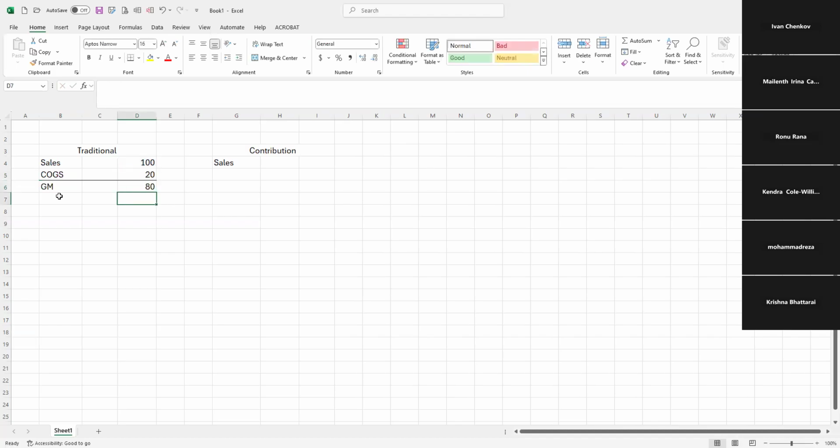That's obvious for everybody. Then I have operating expense. Let's say operating expenses are 60, and my net operating income, let's call it operating income, in this case is $20, right? So now what's going to be different in the contribution format income statement?